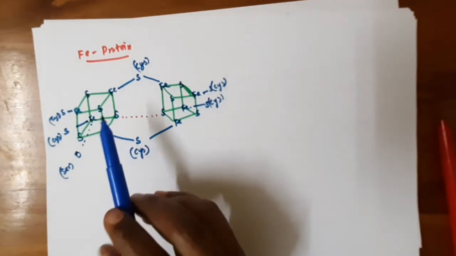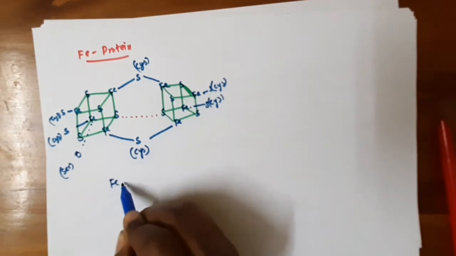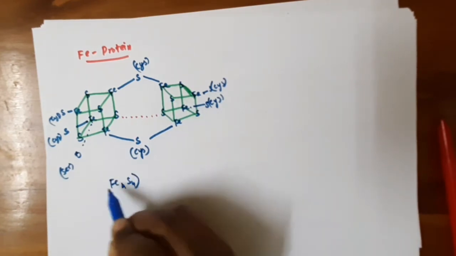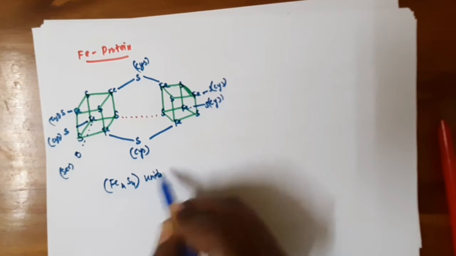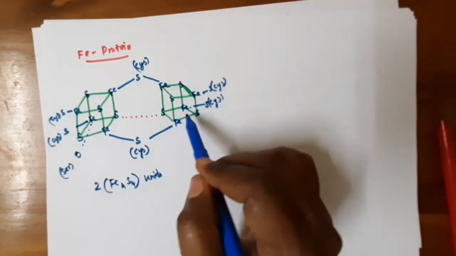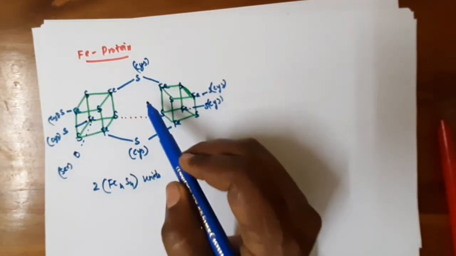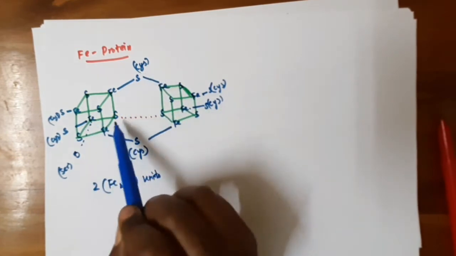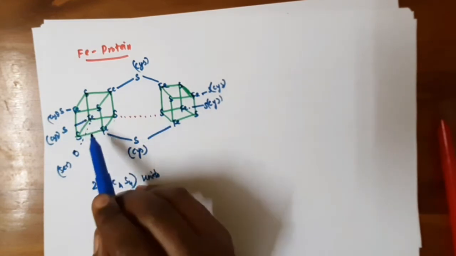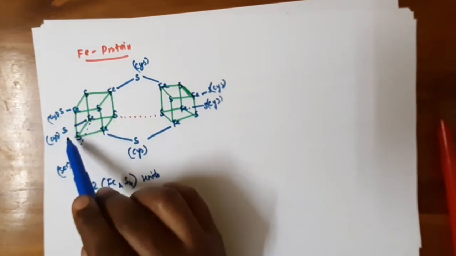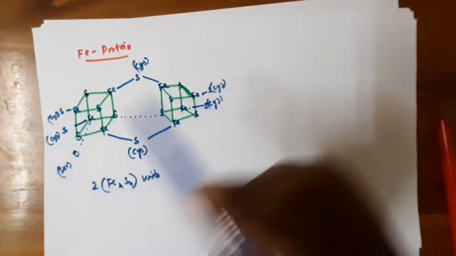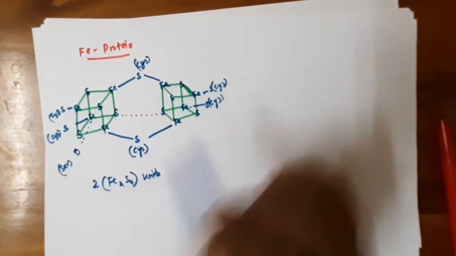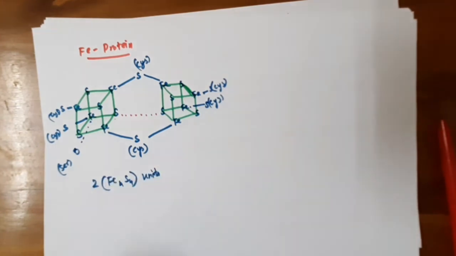This is the iron protein which has the two Fe4S4 units, connected by the two cysteine groups above and below, and these two sulfurs are connected. One of the units has an iron atom with two cysteine units and one serine unit. In the other unit, it has only two cysteine units. So this is about the structure of the iron protein.